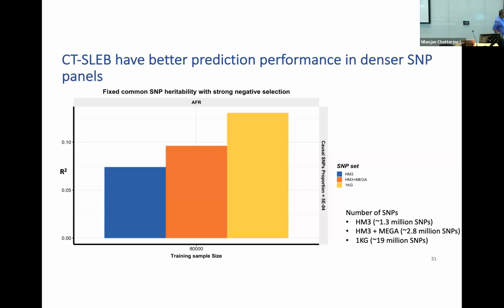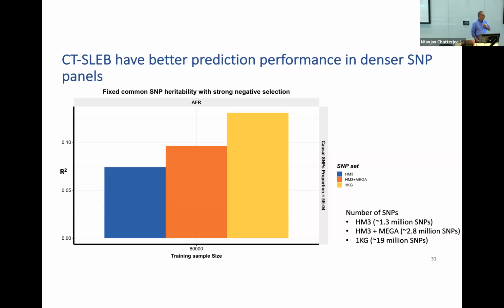What we found is that if the sample size for the training data for the African population is large enough, like 80,000, you keep actually seeing a gain. This one is based on about 1 million SNPs, and the second one is a common set of SNPs called HapMap SNPs. The second one is a set of SNPs carefully selected to represent the genome in diverse populations, so it's HapMap SNPs plus these SNPs in the MEGA platform.